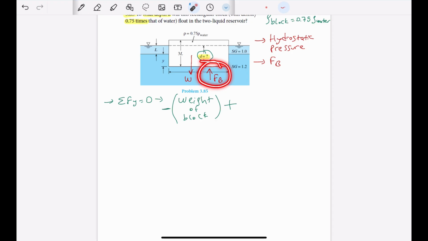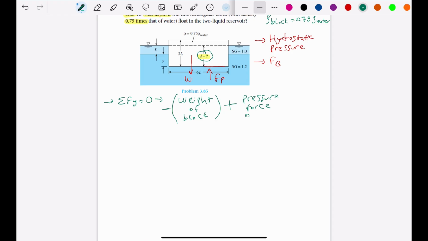And we have the upward buoyancy pressure force. Sorry. So let's say pressure force on the bottom of the block. And this should be zero.